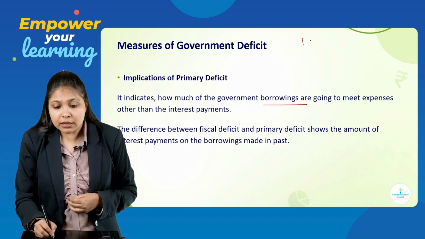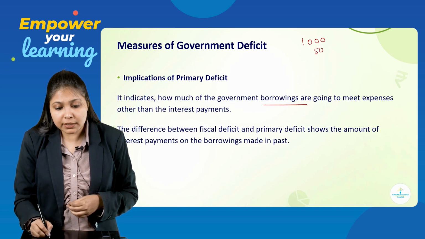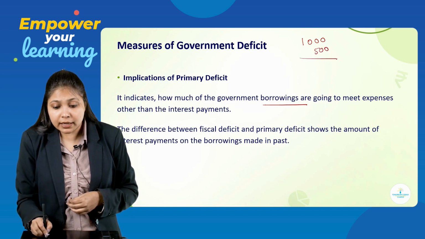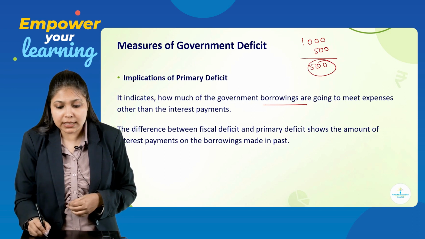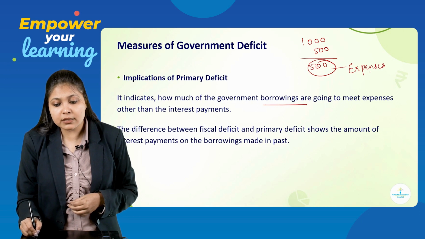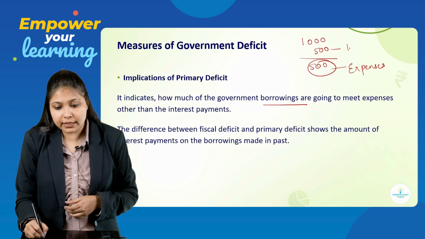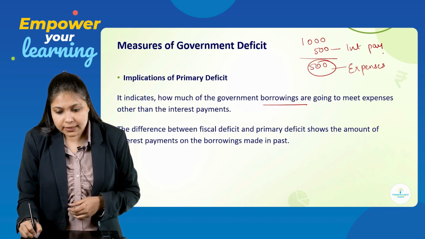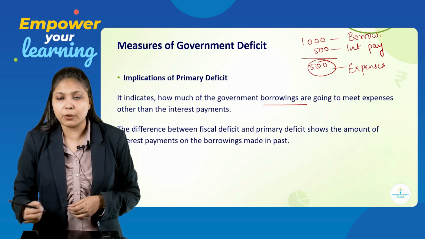Say suppose the borrowing is 1000 rupees and in this, interest payment is done for 500, remaining in the hands of government is 500 rupees. So this extra 500 rupees will be utilized for the other expenses, and the 500 is nothing but the interest payment and this 1000 is nothing but the borrowings of the government.